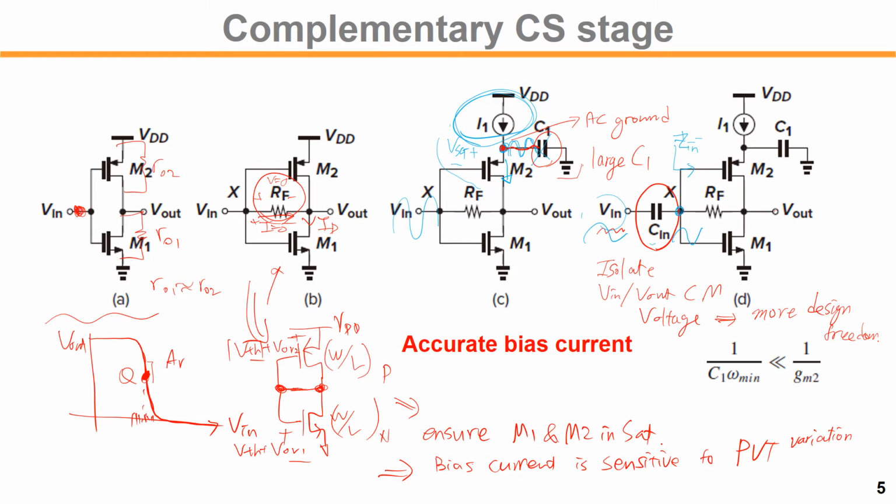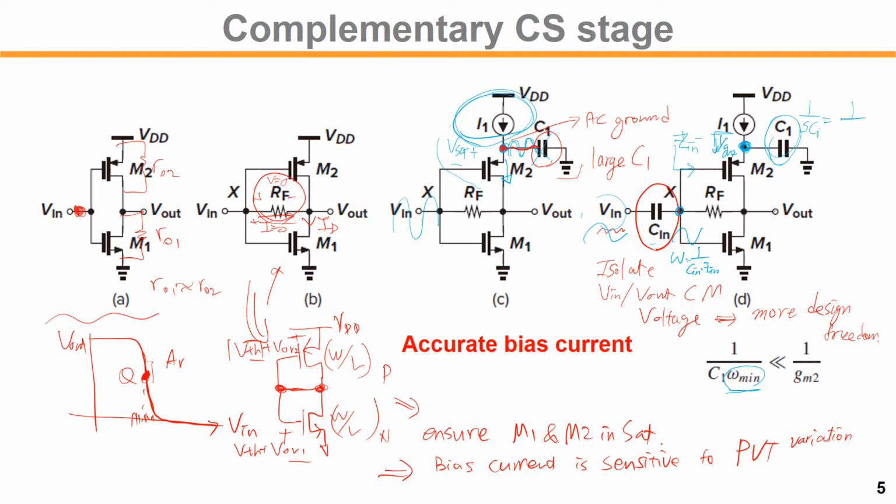So on the input side we have a bandwidth of 1 over C in times G in. And on this side, this node, C1 must be large enough. How large is large enough? At signal frequency, 1 over GM2 looking down is 1 over GM2, and the impedance of C1 is 1 over SC1.